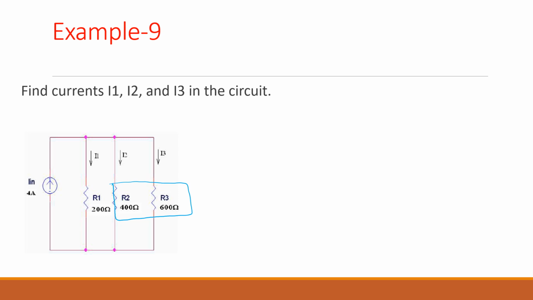If I combine these two, that will be R2 times R3 divided by R2 plus R3. So that will be 400 times 600 divided by 1000, that is 240 ohms.